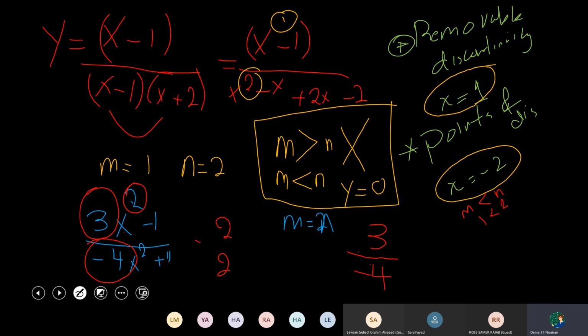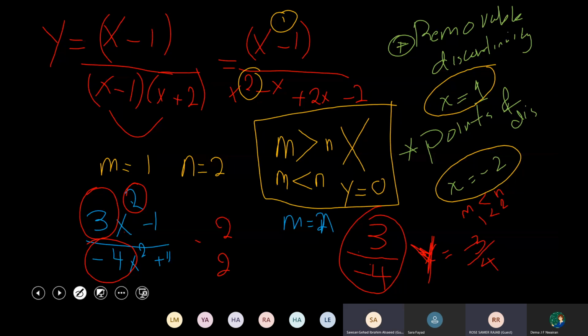Then my horizontal asymptote will be at y equals negative 3 over 4. Is it clear? Teacher, I still didn't say the y and x intercept.